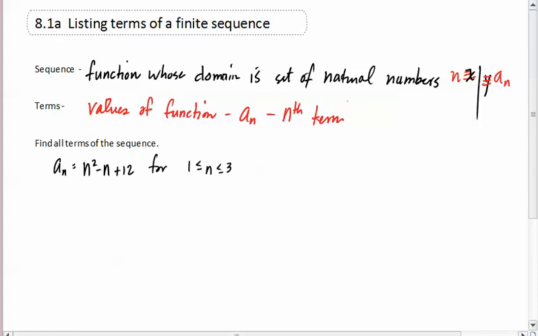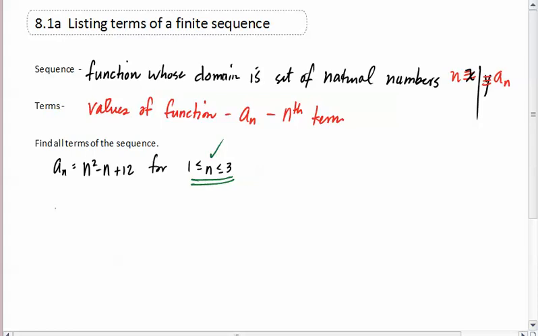So let's take a look at finding all the terms of a finite sequence. Now, it's finite because they're telling us that we have a limited number of the natural numbers. Of course it starts with 1, and we're going to stop at 3. So here's how we write this. If n is to be from 1 to 3 and it's only natural numbers, I'm not going to put any fractions in there.